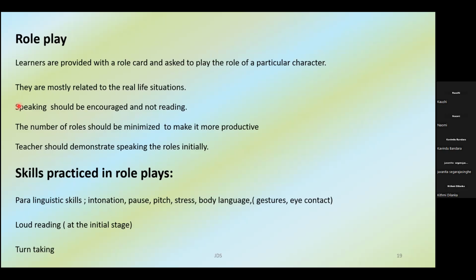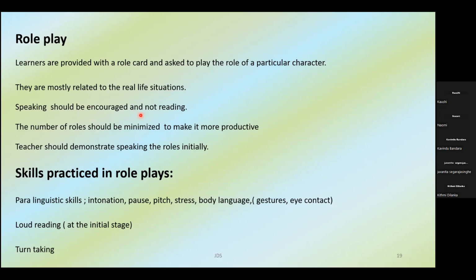Learners are provided with a role card and asked to play the role of a particular character. You can assign a role card, or you can even just ask them to play the role of a particular character, mostly related to a real life situation.